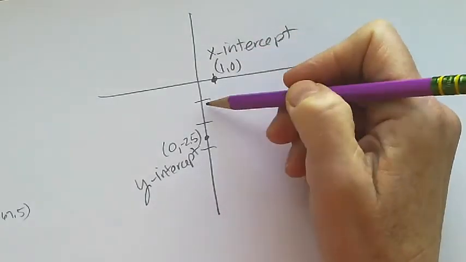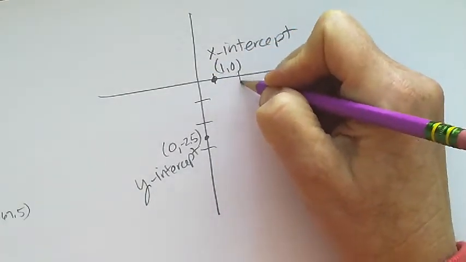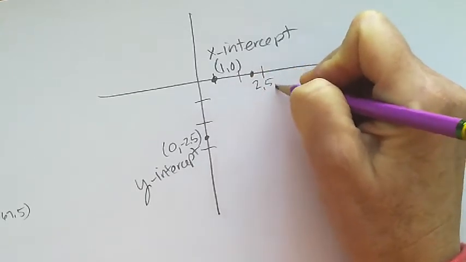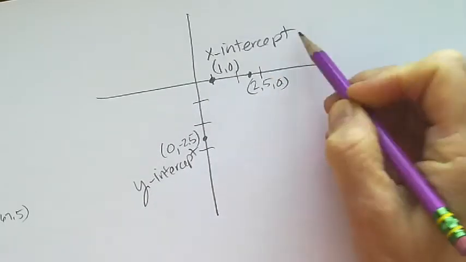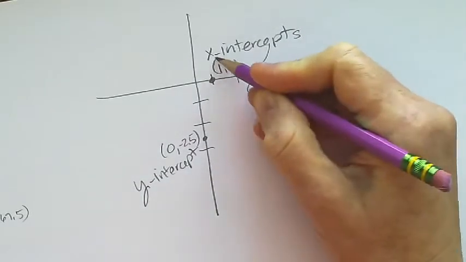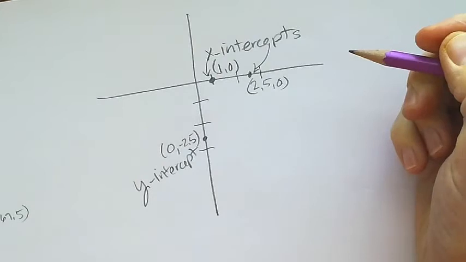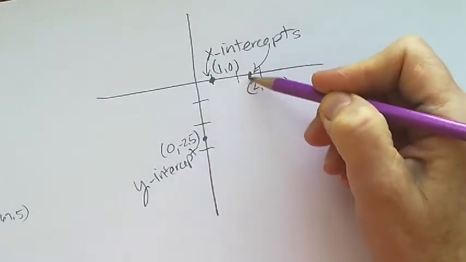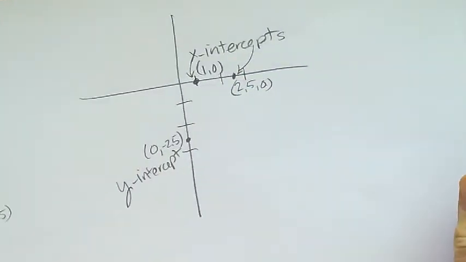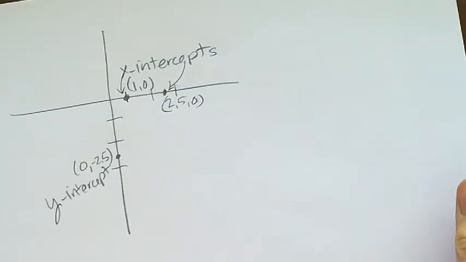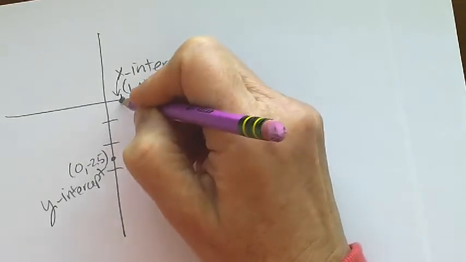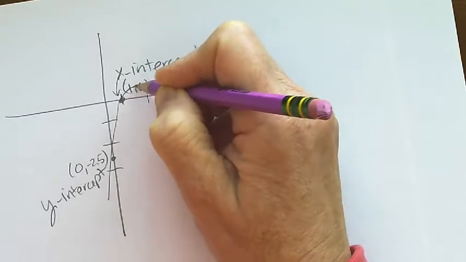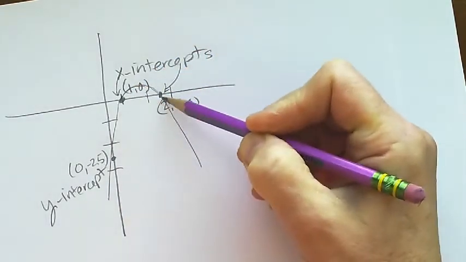Okay, and then we've got 2.5, 0. So that's another x-intercept. Okay, and we really don't need these other points. I'm just going to focus on my x-intercepts and work on that equation. So it's going to look something like this, although I don't really know where that vertex is right now.